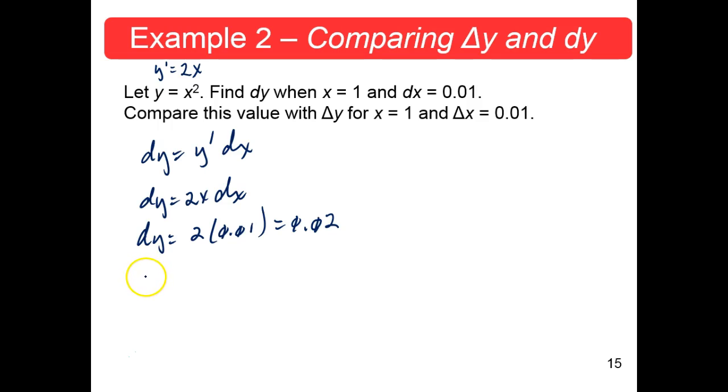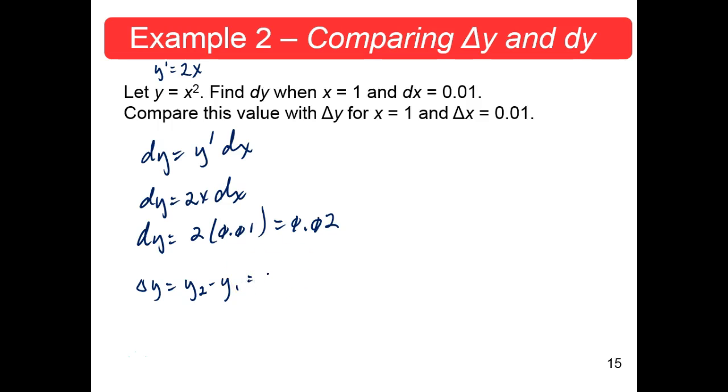And your delta y, I'm going to write this down, is basically y2 minus y1. It's a change in y, delta y, difference in y. Where your y1 was when x is equal to 1, and y2 was when x is a little bit beyond 1. In other words, when x is 1.01.